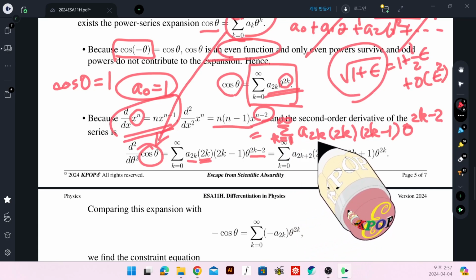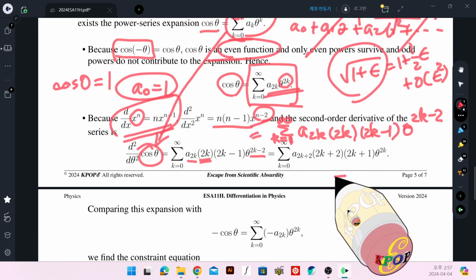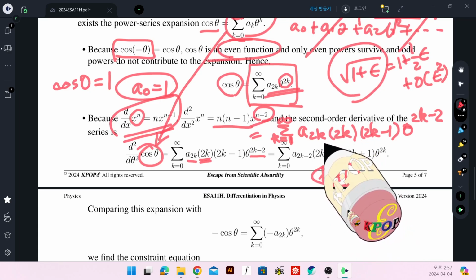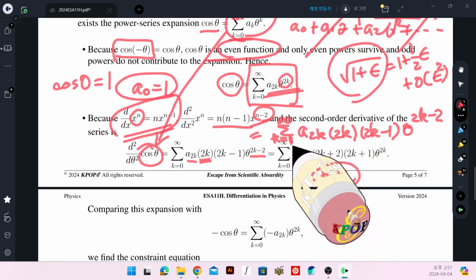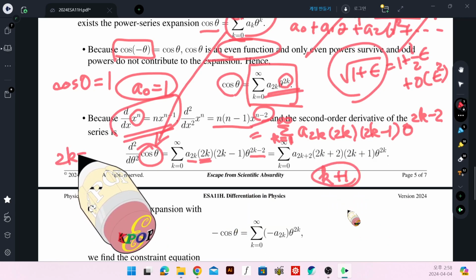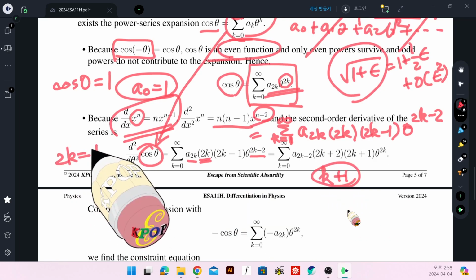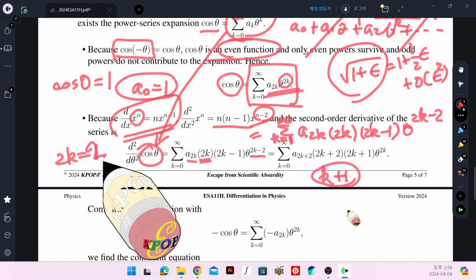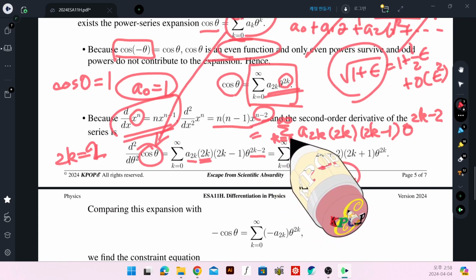Then I have to add 1 to k, because the first term appears at 2k equals 2. So it begins with k equals 1.